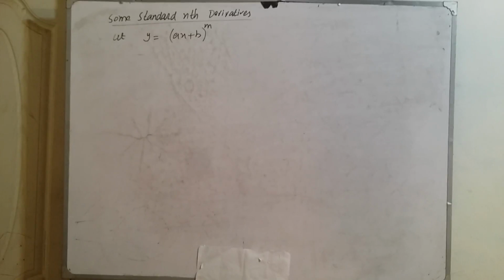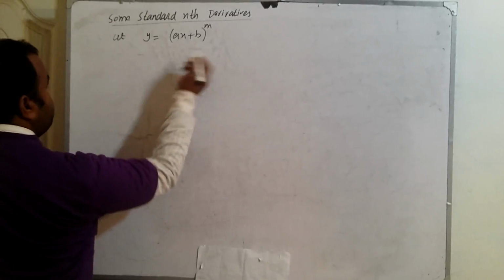So let me start. When we do it, we will understand best how to find the nth derivative without Leibniz. Y is equal to (ax plus b) raised to the power m.